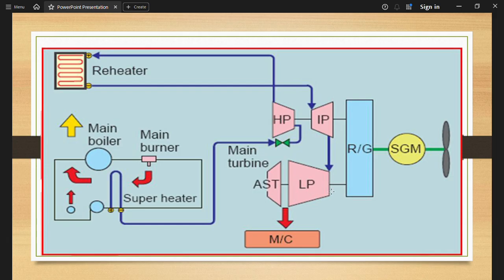They are driven through the reduction gear, driving the propeller. So the new component added here is the reheater, to maximize your efficiency.